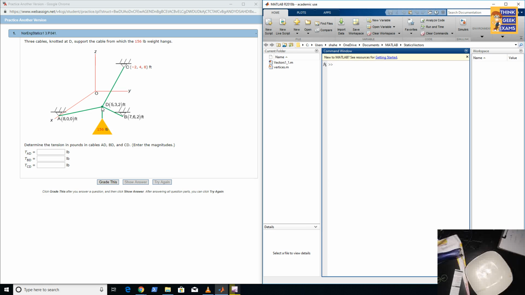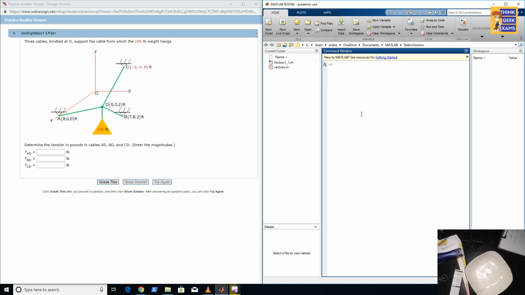So we have to basically work off the free body of point D. So there are forces going downwards, that's the weight, and there are 3 forces going in dA, dC, and dB directions. So let's find out what those directions are.